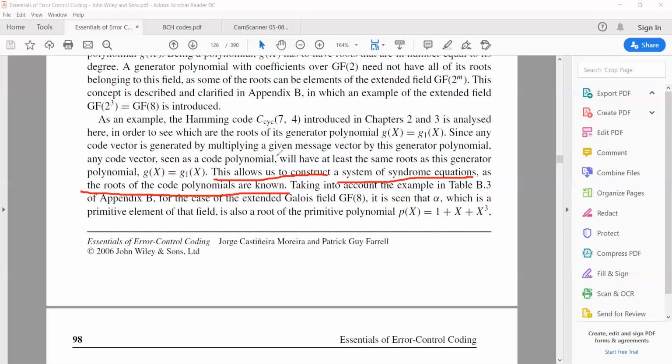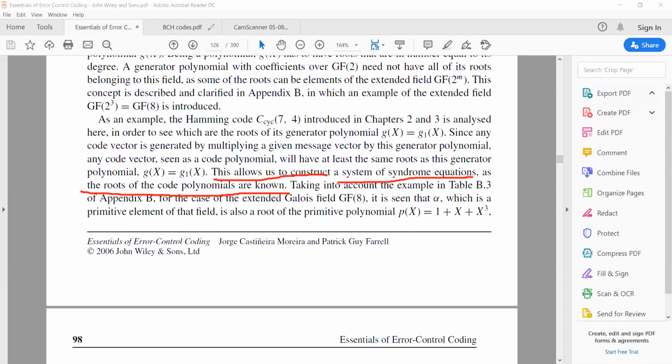This technique is basically helpful for error correction and detection. So this is basically the significance of calculating the roots of the generator polynomials. And now we will go to the significance of the minimal polynomials.